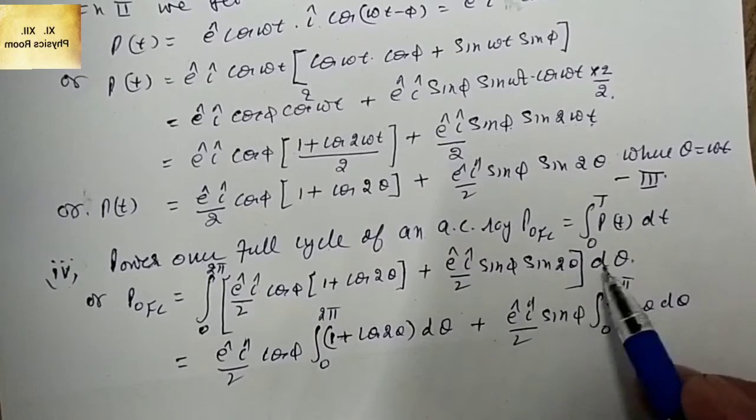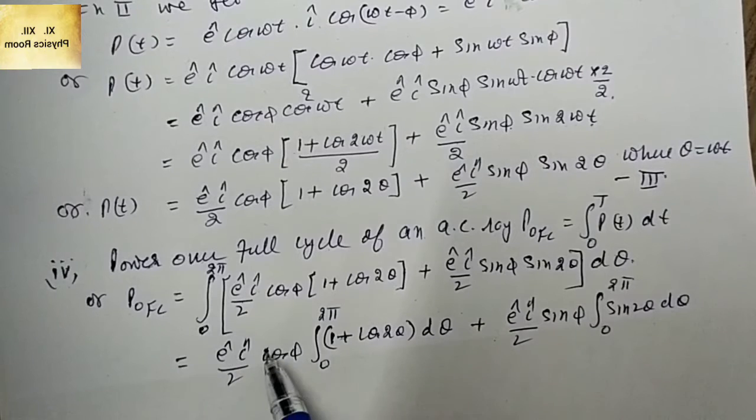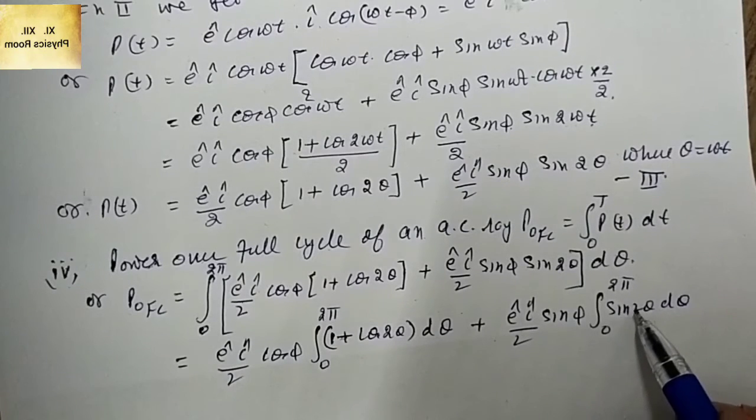And we take d theta inside now, and we take E max I max by 2 cos phi outside the integration. So E max I max by 2 cos phi integration 0 to 2 pi (1 plus cos 2 theta) d theta plus E max I max by 2 sin phi into sin 2 theta d theta, 0 to 2 pi.